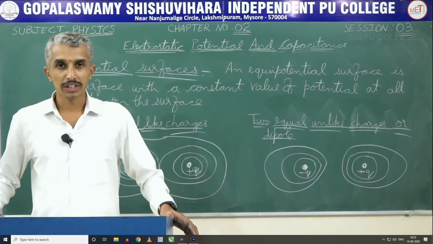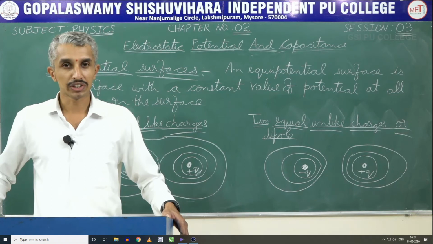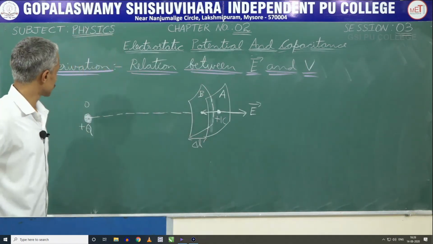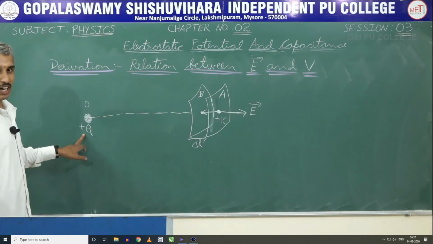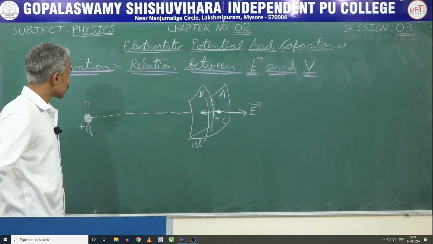Finally, we will end the session by deriving a relation between electric field and electric potential. So let us start. First, we will take some arbitrary charge plus Q. The electric field is emitted from it.